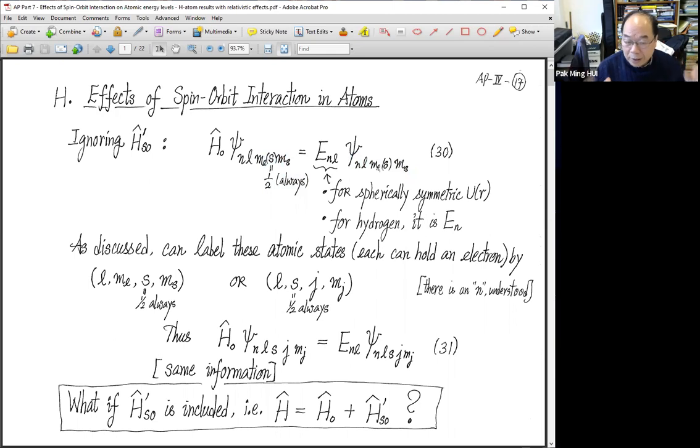And this is what you did. In general, for central force, the eigenvalue will depend on N and L. In general, 2s is different from 2p, except in hydrogen atom.